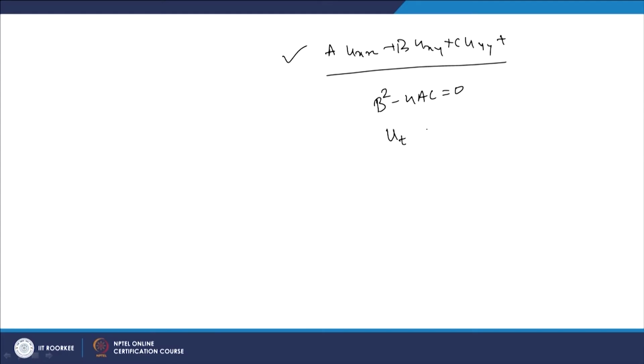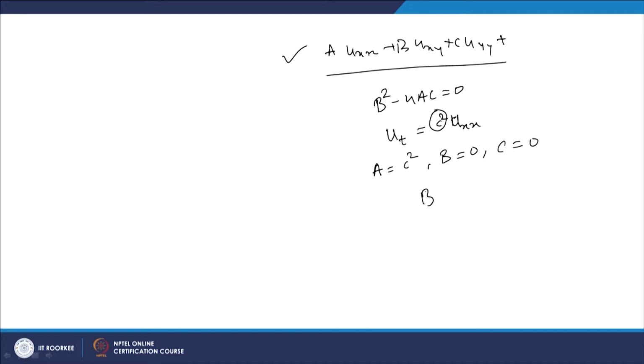So, we will discuss this equation u_t equal to c squared u_xx, or some constant times u_xx. If we look at it, a is the constant c squared, and b is 0 because there is no mixed partial derivative present, and c is also 0 because we do not have a double derivative corresponding to yy or the other variable.